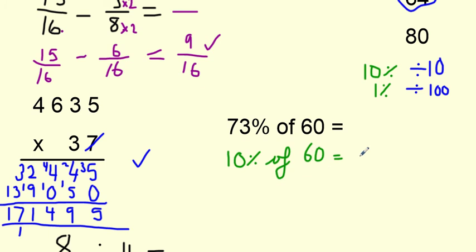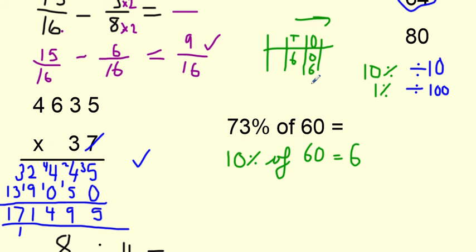So 10% of 60 is 6. Well done. Now, if you don't know how to divide by 10, don't forget to draw your place value chart. Okay, put your 60 in. Divide by 10, we're making it smaller. Move one place to the right.